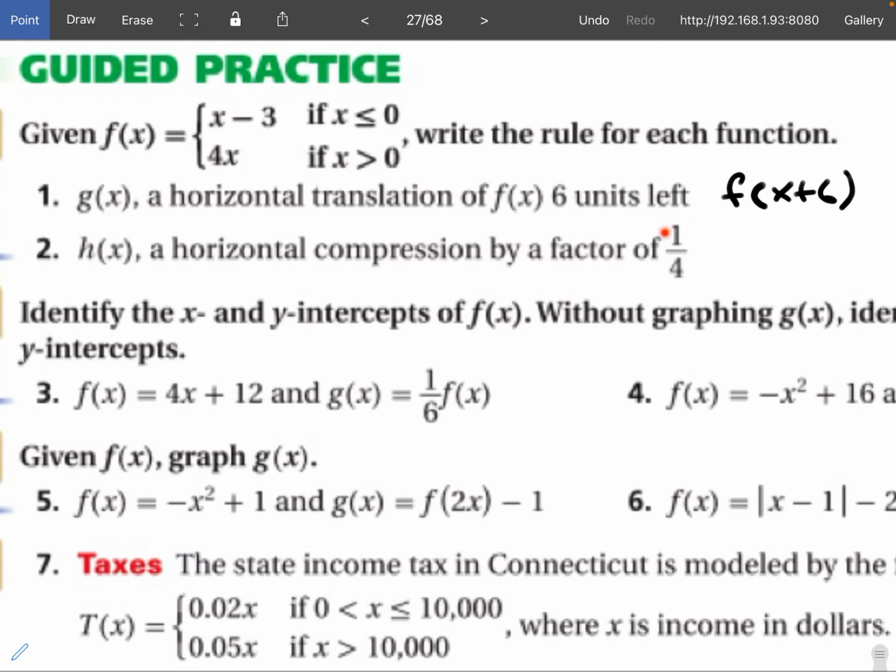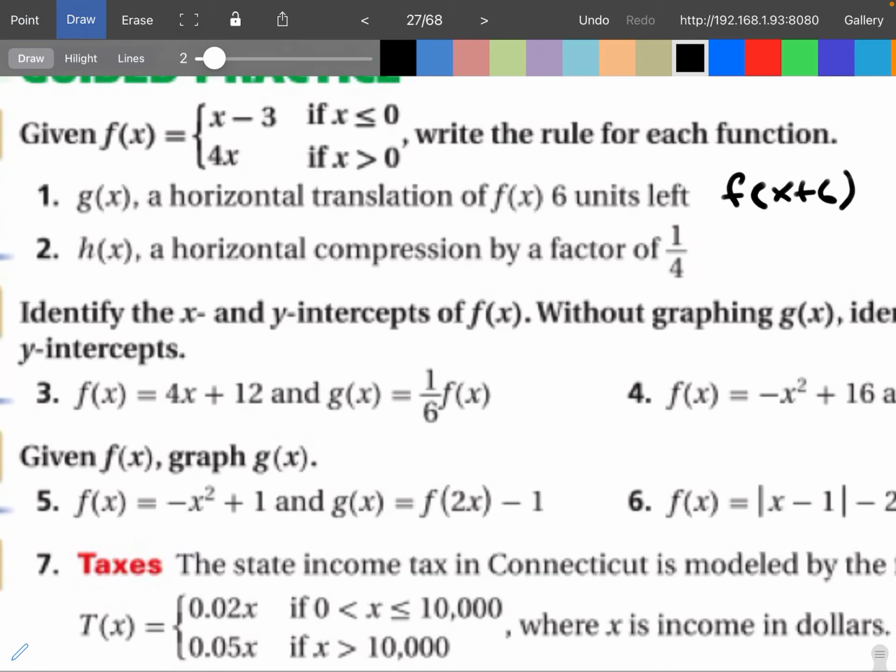Now the next one, number 2, is a horizontal compression by a factor of 1/4. You got to remember when you do a horizontal compression, that's inside, okay? That number is multiplied times the x. But on the horizontal stretches and compressions, you also got to remember to take the reciprocal of this number right here. So that one is going to be f of 4x.